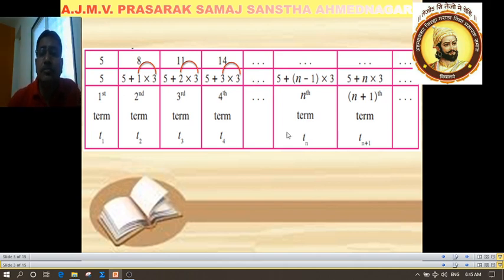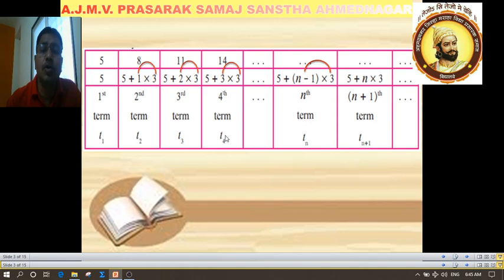For nth term, add n minus 1 time common difference, that is n minus 1 time 3 in the first term. We get the nth term, and this is the formula for finding nth term. See, nth term is equal to first term a, first term 5, plus n minus 1 time 3.